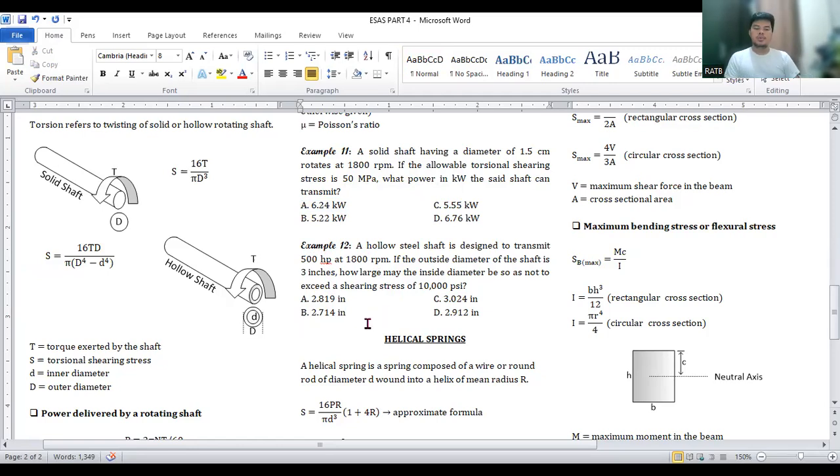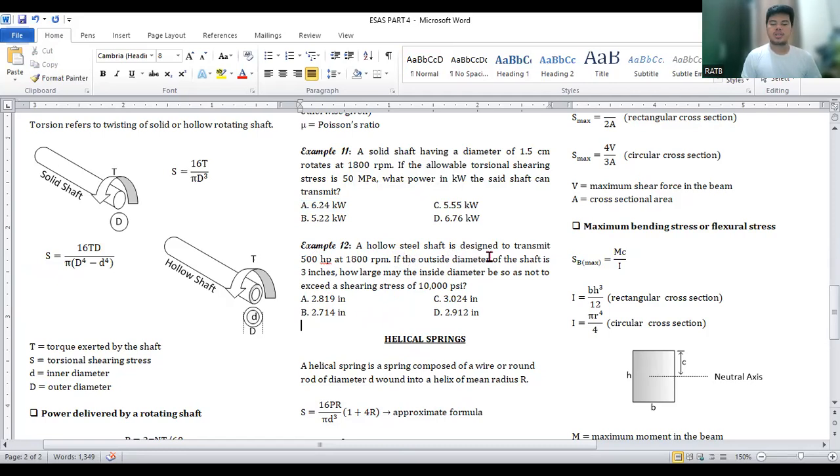And then we have item number 12. You have there a hollow steel shaft designed to transmit 500 HP at 1,800 RPM.